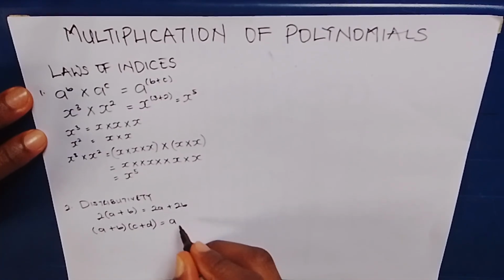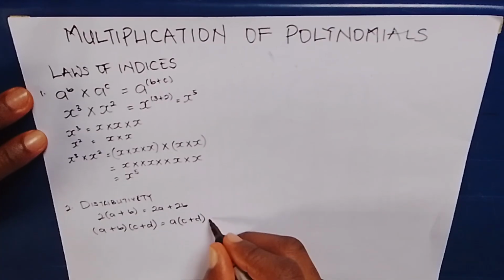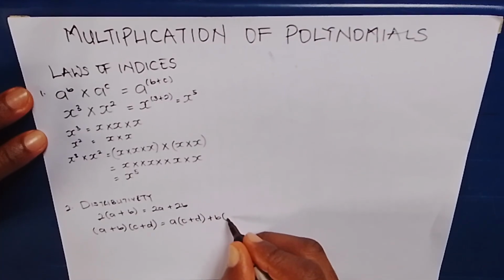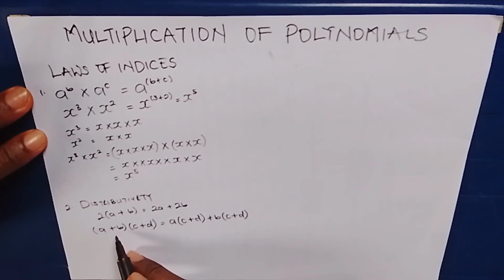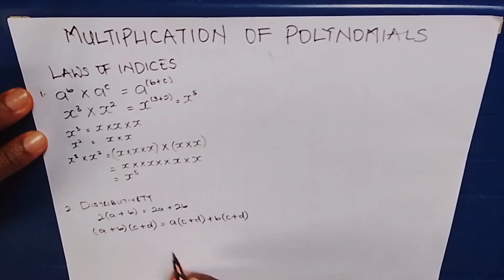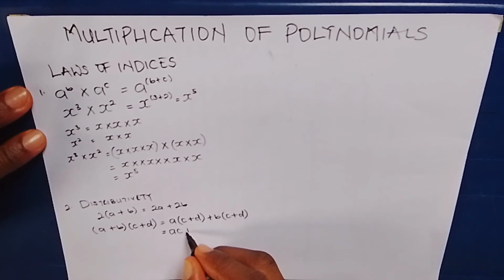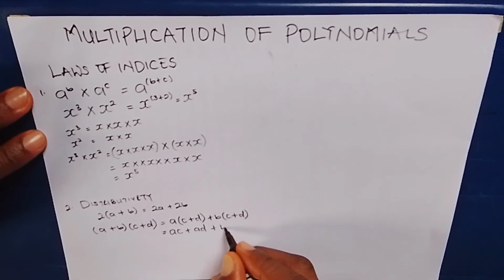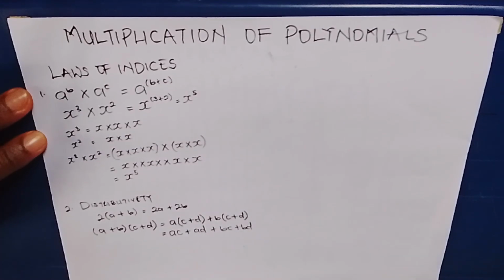This becomes a into (c plus d), and then plus b into (c plus d) again, so that every term here is distributed to each term inside here. That's the whole concept of multiplication. So this becomes ac plus ad plus bc plus bd. So that's that on the distributive nature of multiplication.